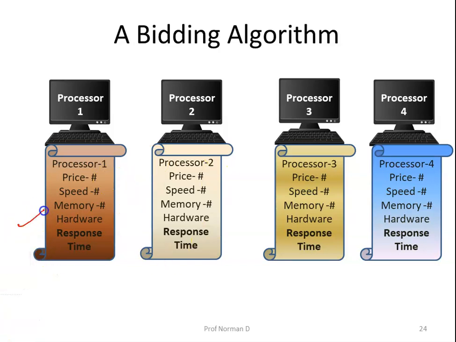So this is the readable file of processor 1, readable file of processor 2, processor 3, processor 4, and so on. Now this price is not guaranteed, but gives an indication of what the services are worth. Actually, this particular price which it has quoted is the price that the last customer paid.